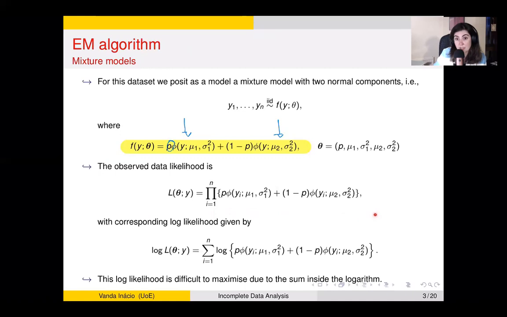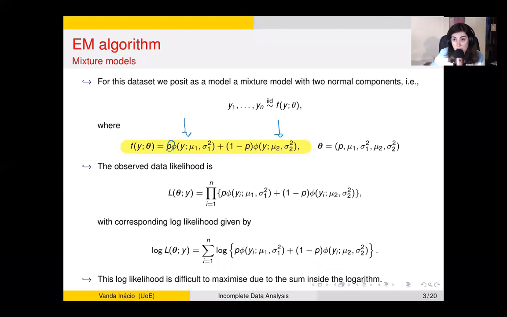this expression here. And if we want to find the maximum likelihood estimates of the parameters, in the usual way, we write down the log likelihood, and that's what we have here at the bottom.